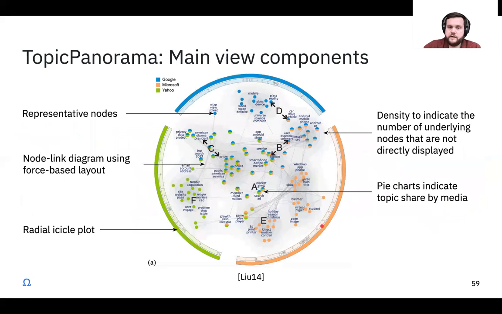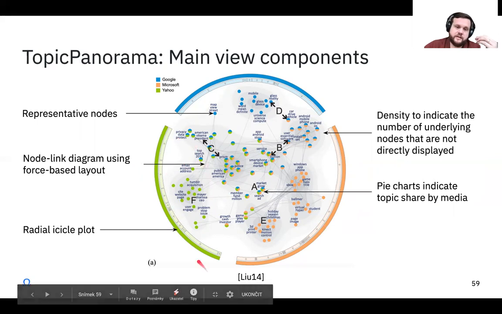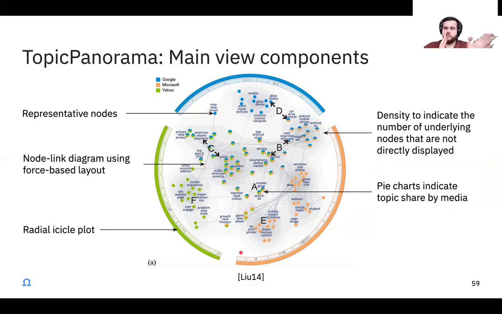Here, when you see it in more detail, each of those nodes is the so-called representative node of a topic that is important. The node-link diagram is using the force-based layout, which we just talked about. The topics are pulling each other and repulsing each other. This is based on the radial icicle plot; that's how you start setting things up and then start pulling them together.